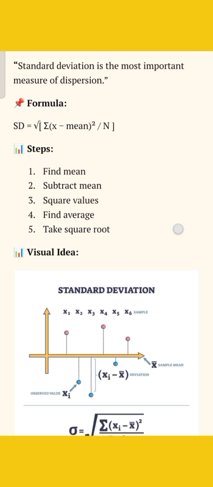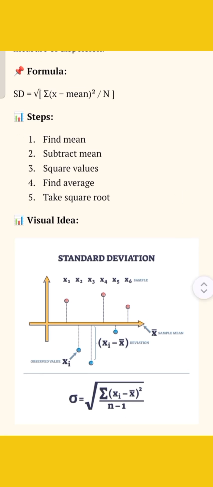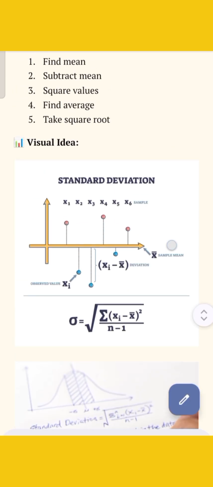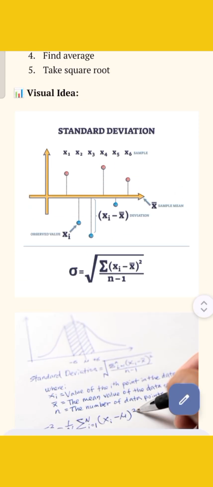First of all, find the mean, subtract mean from each value, square the results, find the average and take the square root. The visual idea is standard deviation: x1, x2 and so on up to x6 are samples, and we can denote them by xi, and here x bar denotes the sample mean. So deviation is xi minus x bar. Sigma is equal to the square root of the sum of (xi minus x bar) whole squared divided by n minus 1.